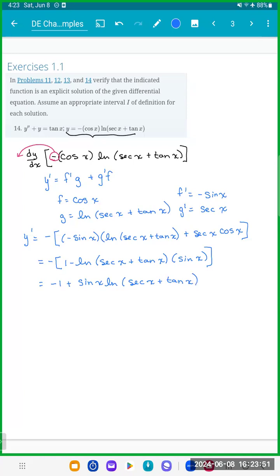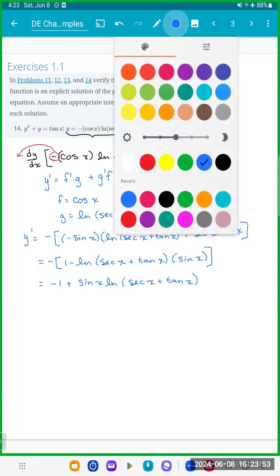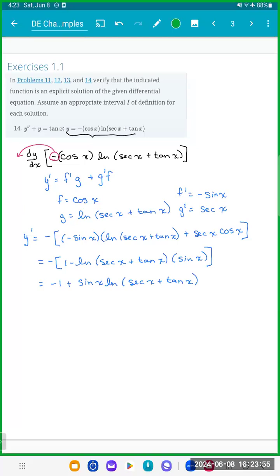Okay. So now that we have our first derivative, we can use that to calculate our second derivative. So that's going to give me my y double prime. Again, we can use that f prime g plus g prime f. Okay.